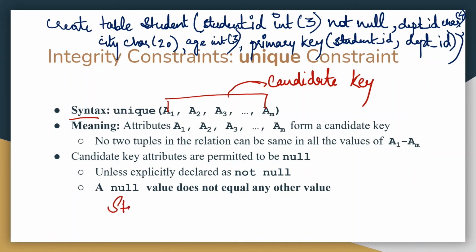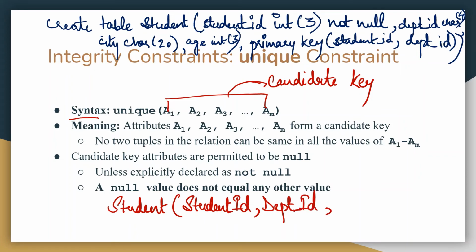We have the student schema above. So we have student ID, we have department ID, and then, let's write in the same notation, we have city, we have age.